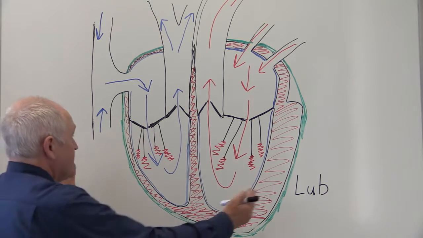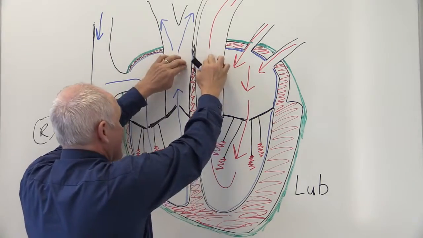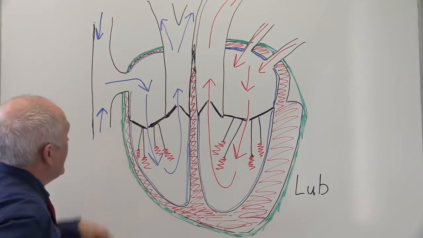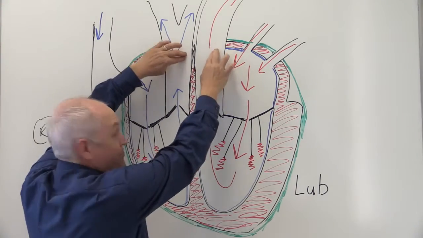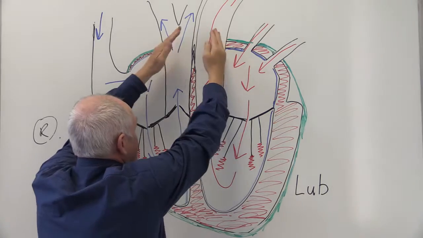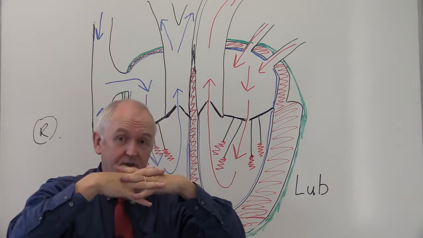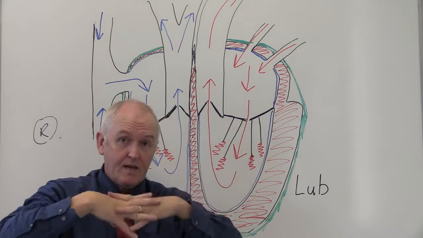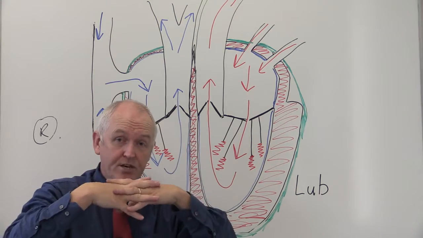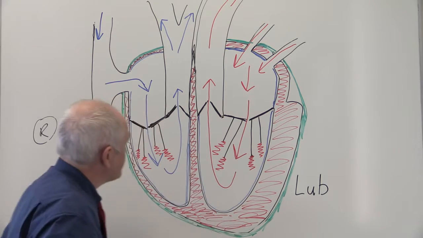And then the ventricles are going to contract, the blood's going to go up into the large arteries, and the blood is going to try and get back down from the arteries back into the ventricles. And as that blood tries to get back down, that's going to shut the arterial semilunar valves. And again, when those valves shut, they're going to slam shut and make a noise.